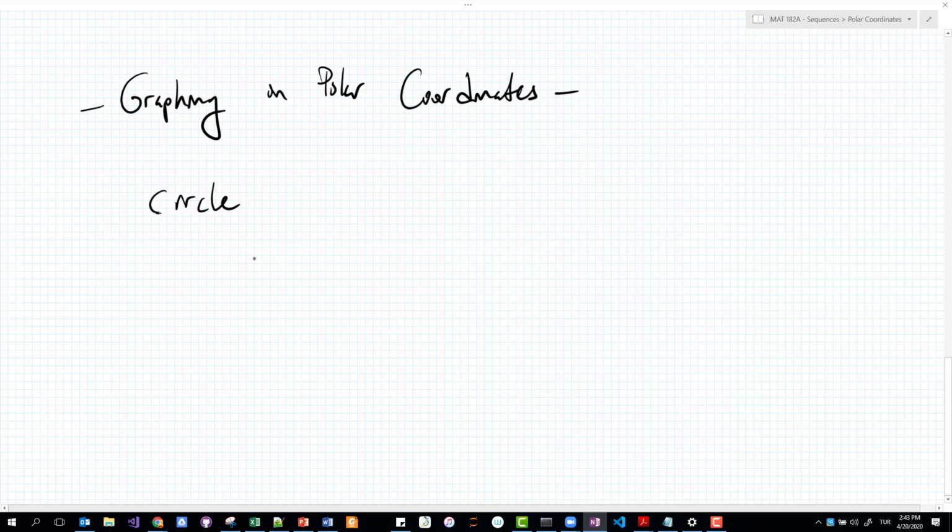If you remember how we were given the polar coordinates using the geometric coordinate system, x squared plus y squared is equal to r squared. This is basically how we can find r, and theta was given by arctangent y over x.